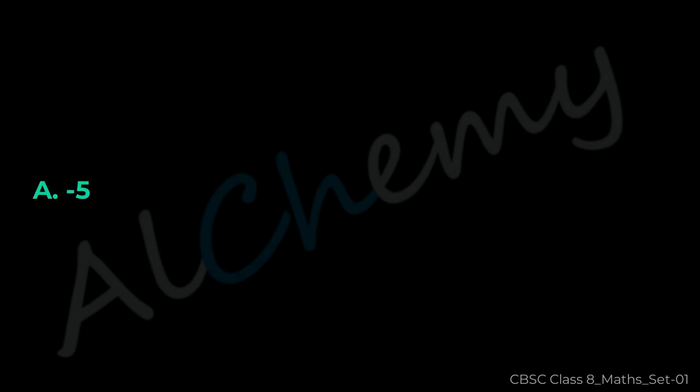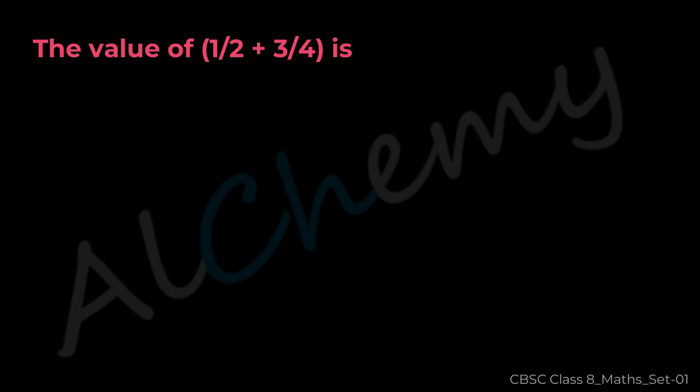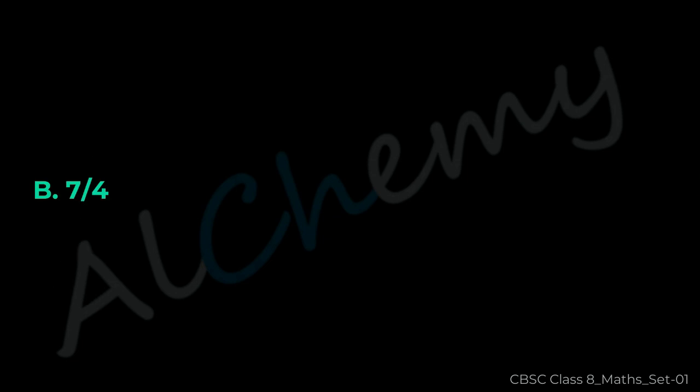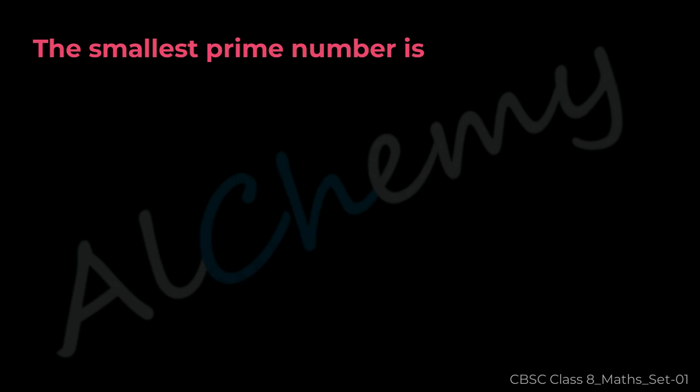The correct answer is A, minus 5. Consider the following expression. Question 41. The smallest prime number is A 0, B 1, C 2, D 3. The correct answer is C, 2.